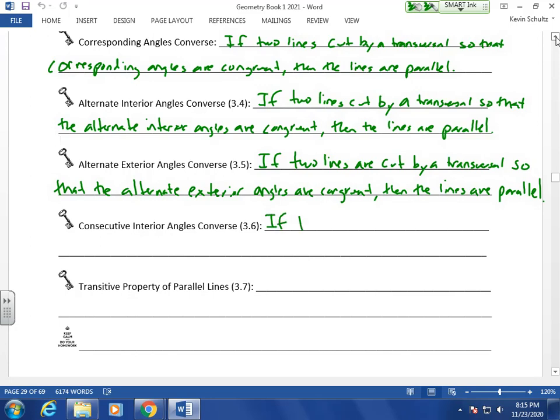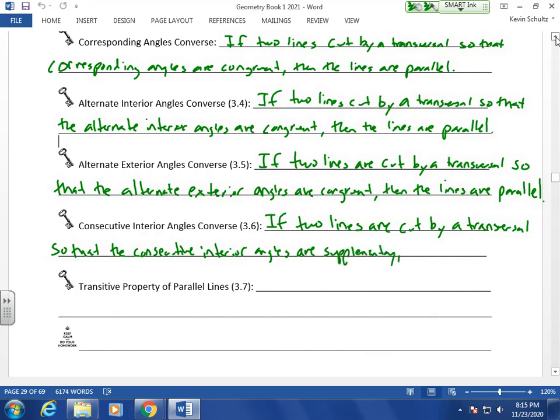Big ol' if two lines are cut by a transversal so that the consecutive interior angles are, this one's the different one, supplementary, then the lines are parallel.